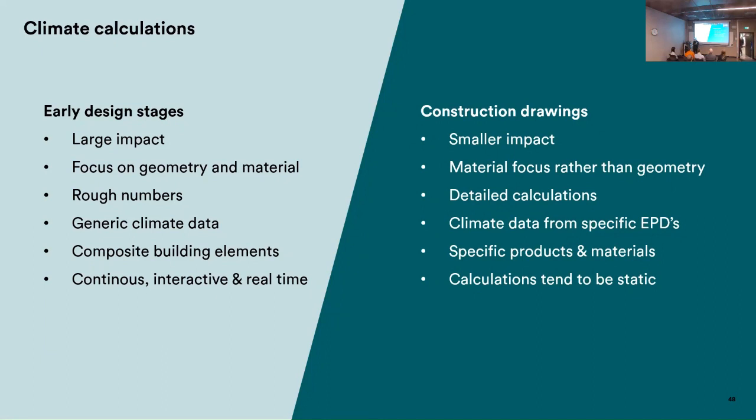We work with generic climate data, and we developed a database of composite building elements with their associated emissions. But most importantly, in the early stages, we really want the calculations to be continuous, so we can do them over and over again. We want them to be interactive and in real time.